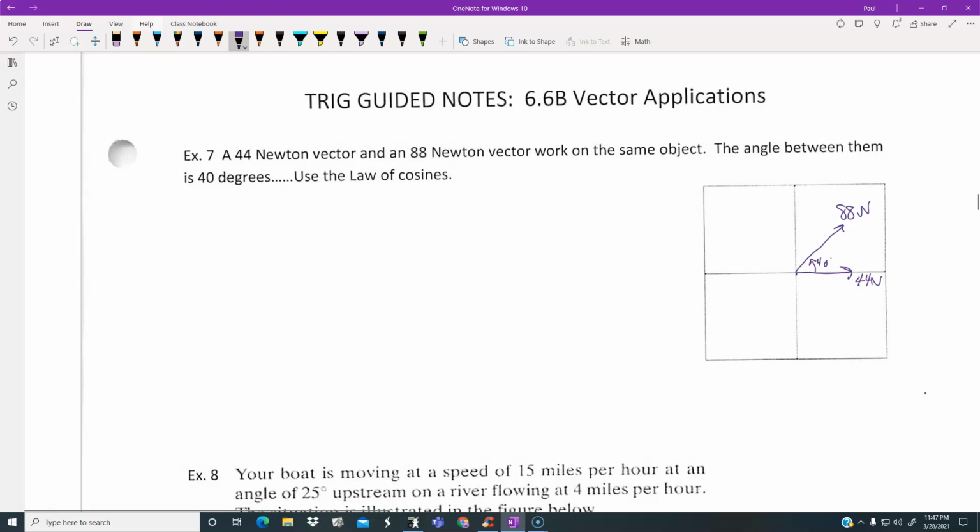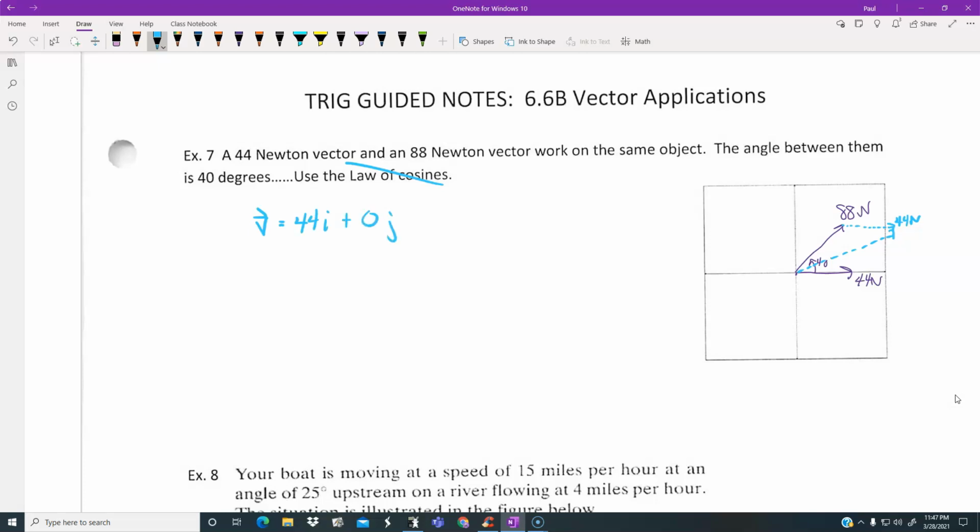If I wanted to find the two individual vectors, they are relatively easy, and there's no need to use the law of cosines at all. Okay, you could put the other vector right here on the edge and use a 44 newton vector right here and get the resultant, and then use the law of cosines like that. I don't know if that's really all that necessary, because we could write these two vectors relatively easy. Vector v, the 44 one, since it's going directly east, could be written as 44i plus 0j.